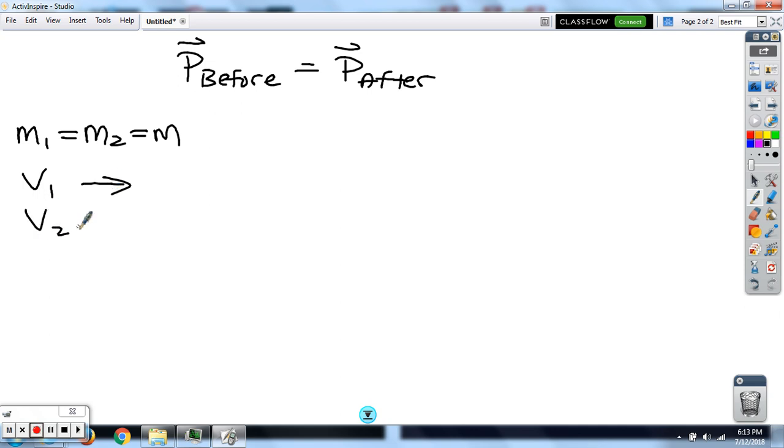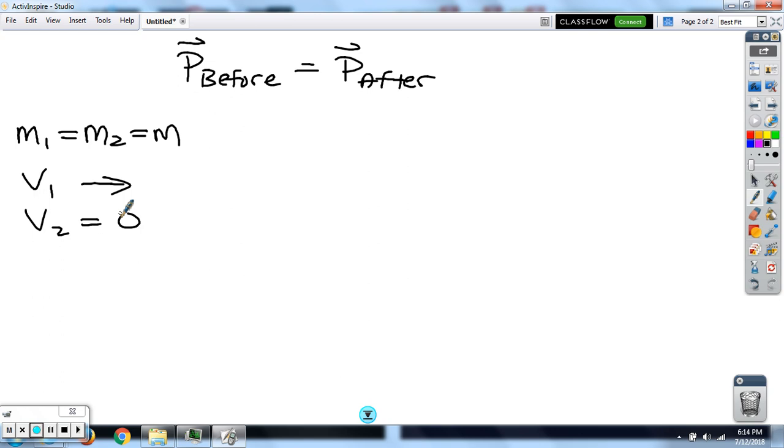And that V2 is 0. Now, given that one of the spheres moves off at a 60-degree angle, that's enough for us to figure out not only what the speeds are after the collision, but then also what the direction of the second sphere will have to be.